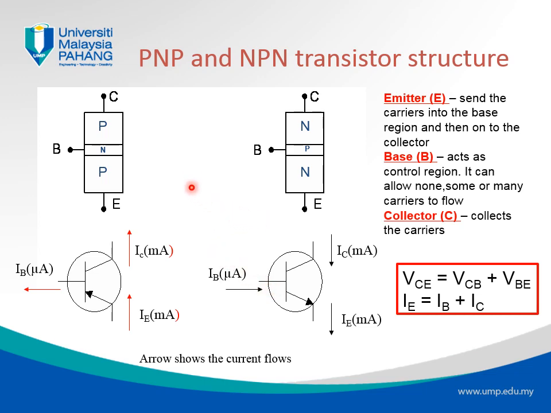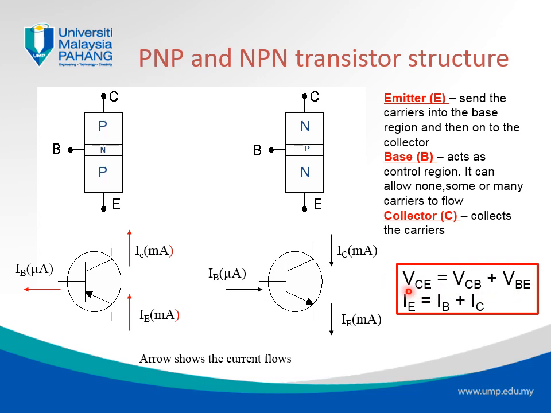As we've seen earlier, in terms of voltage, we have deduced one equation of voltage that is very important, and it is one of the equations that we are going to be using when calculating different circuit analyses where we have transistors.